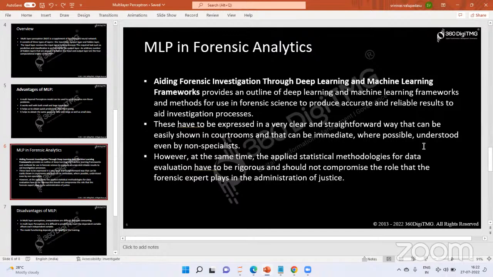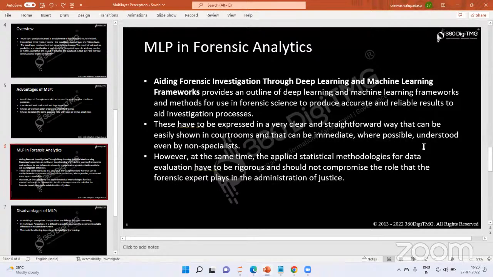It is also used so that applied statistical methodologies for data evaluation are rigorous and do not compromise the role. So this is the use of multi-layer perceptron in forensic analytics.